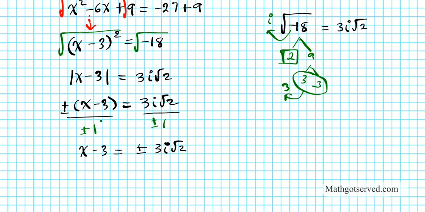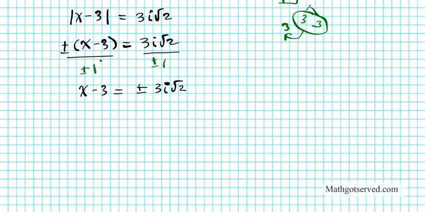Okay, now we're going to split the equation into two. We'll do the negative part and the positive part. Alright, so we have x minus 3 equals negative 3i root 2 for the negative, or x minus 3 equals positive 3i root 2. Okay?